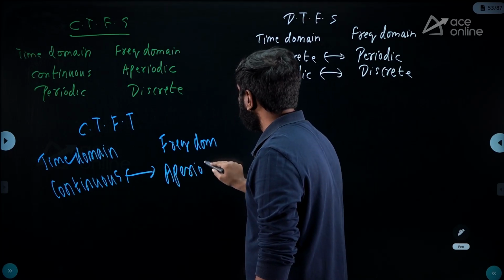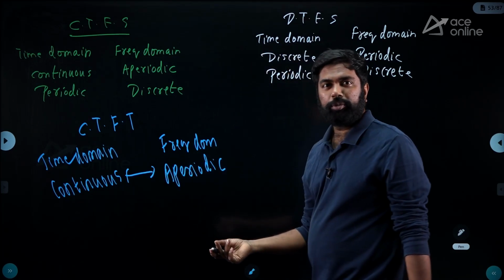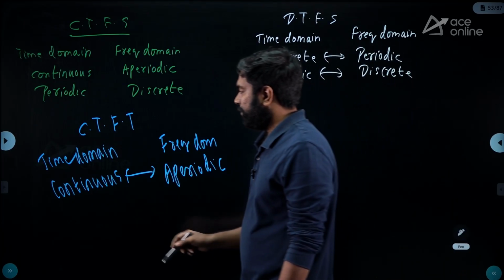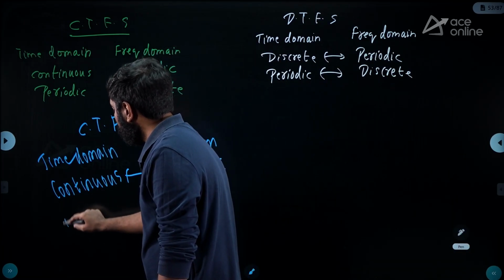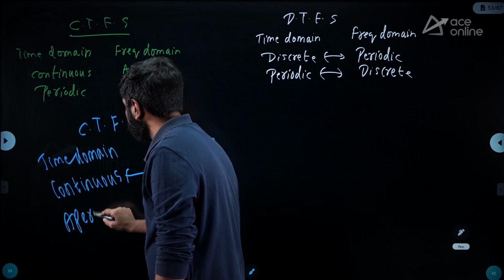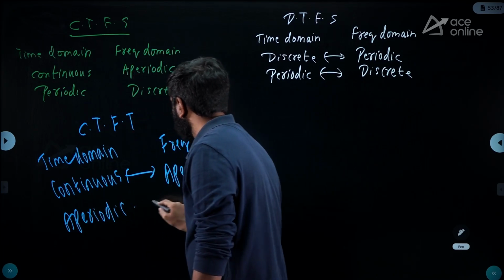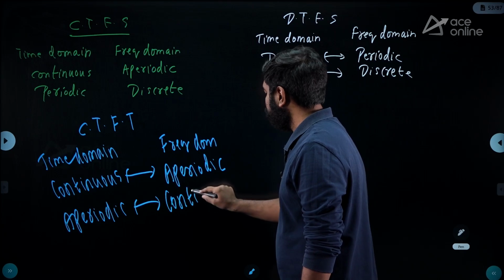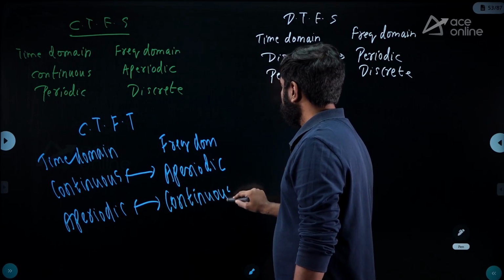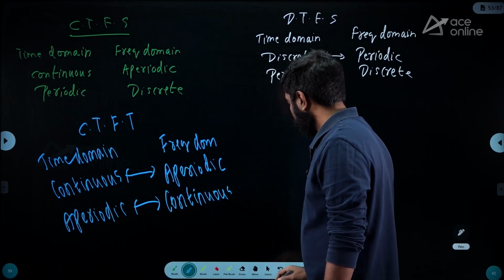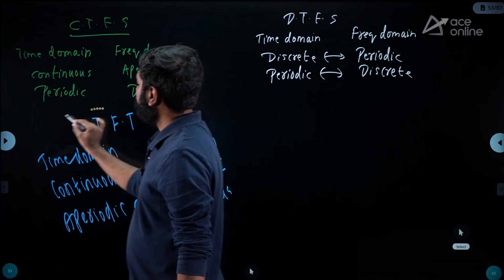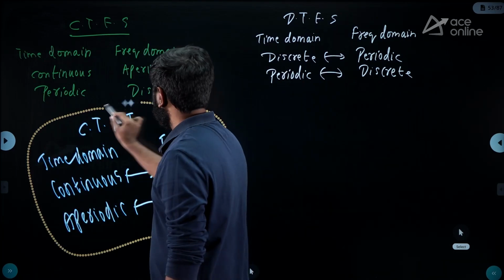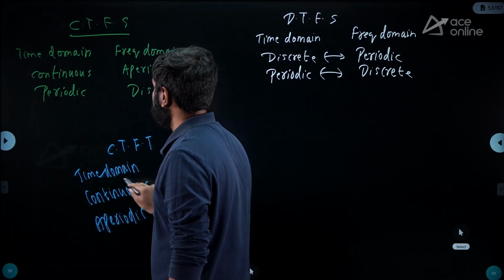So when you look at the spectra, the magnitude spectra is aperiodic in nature. It is continuous and aperiodic in time. Aperiodic in time leads to continuous nature in the frequency domain. So this comes under CT-FT, which is one of the most important topics we have. This is the next topic that we have to revise.